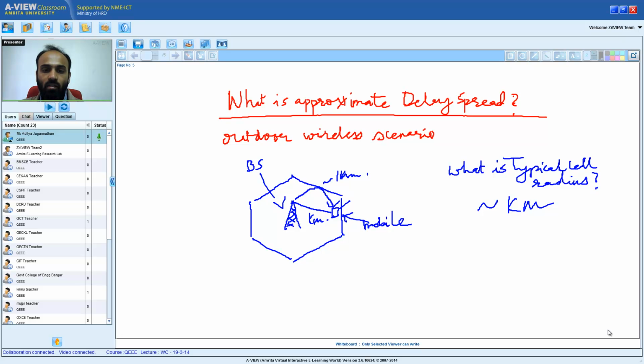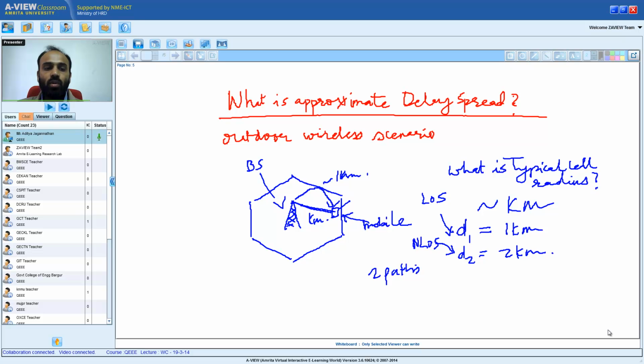Let's say this direct path is 1 kilometer, and the indirect path D2 is 2 kilometers. What I'm saying is that there are two paths. This is the direct or line of sight path which has a distance of 1 kilometer, and this D2 corresponds to the non-line of sight path of distance 2 kilometers.